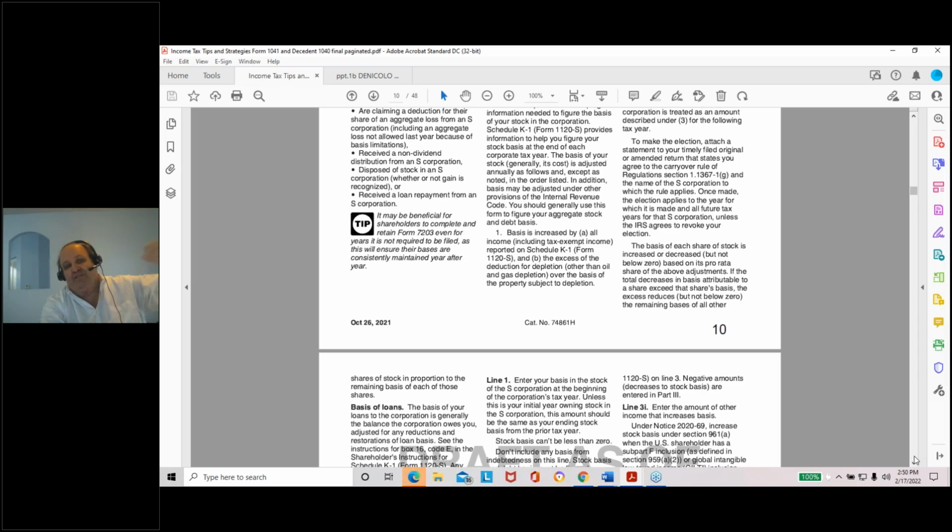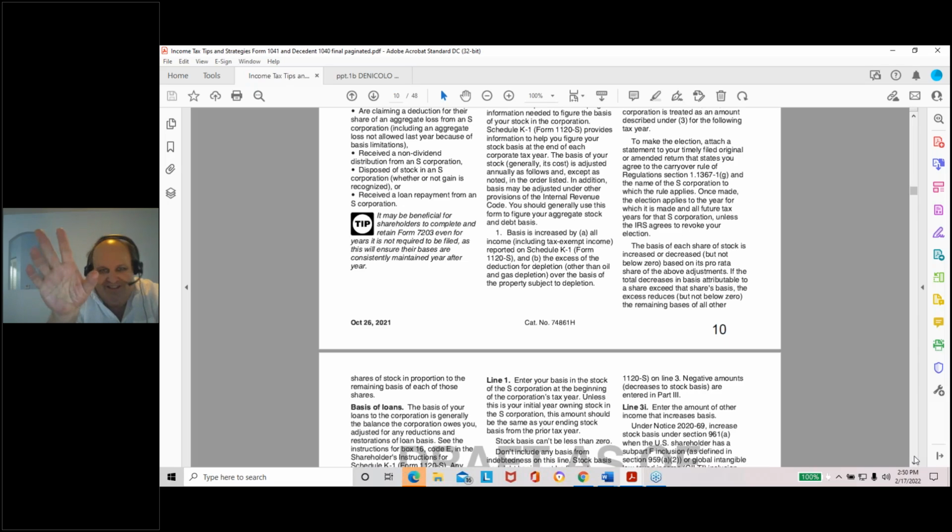They want to know if you received a loan repayment. If the note or open account item is at full face amount and you never used basis out of the note to write losses off in the past, you can get a tax-free repayment out of the loan basis. But if you previously reduced the loan basis and now you repay it in whole or in part, there's an income recognition transaction. And so they want to know that.